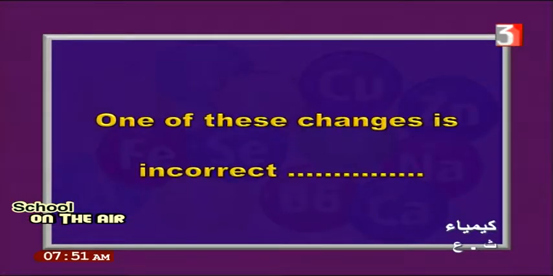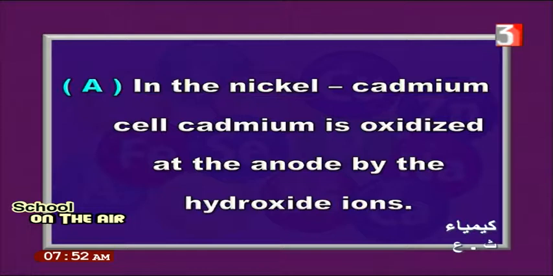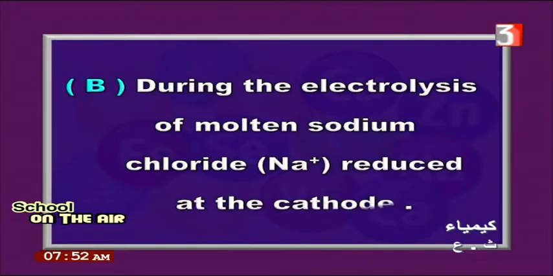Next, one of the statements is incorrect. In a nickel-cadmium cell, cadmium is oxidized at the anode by hydroxide ion. During the electrolysis of molten sodium chloride, sodium ion is reduced at the cathode.